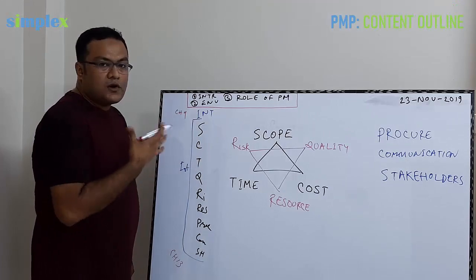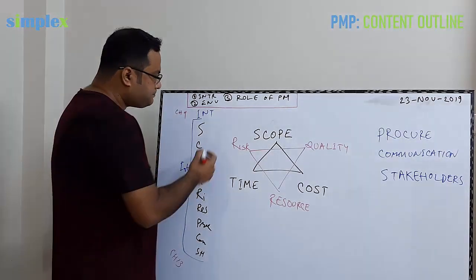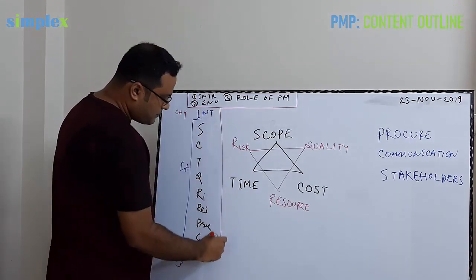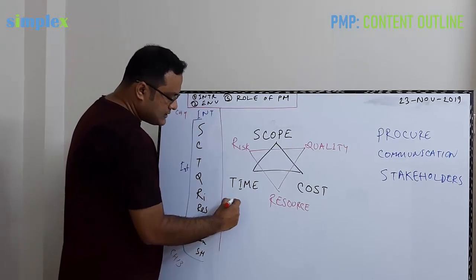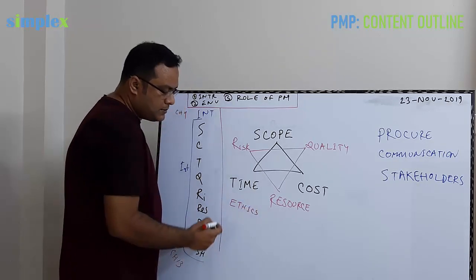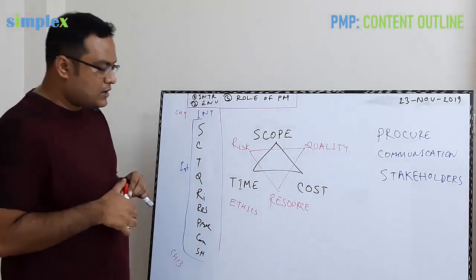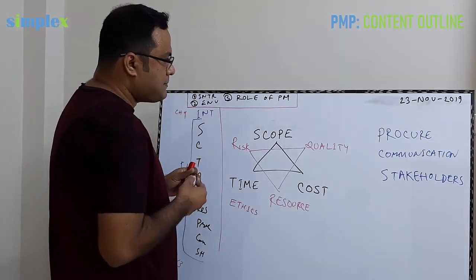So these are the contents of your Project Management Professional exam, or PMP exam. On top of that, you need to learn about the ethics and code of conduct from the PMI.